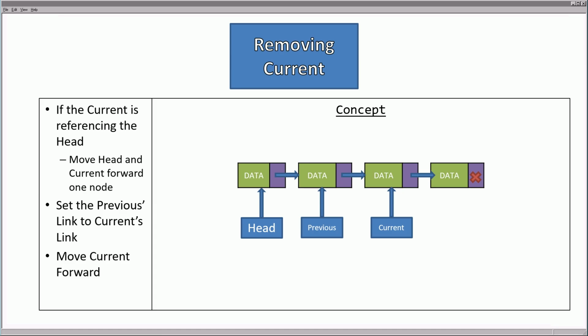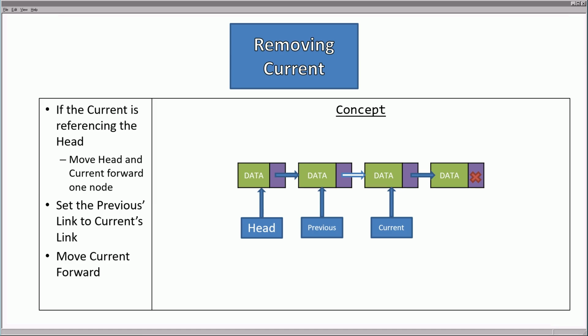If current is also referring to head, then what we need to do is move both the head and the current pointer forward. However, if the current is not head, then what we need to do is simply this. Previous is the reference that is one node behind current. So previous.link always refers to what current is referring to.